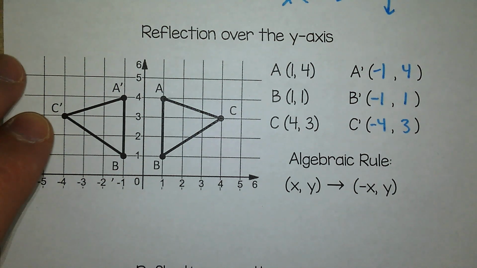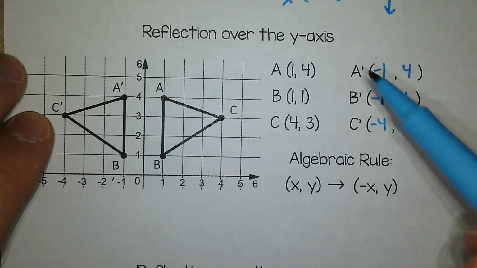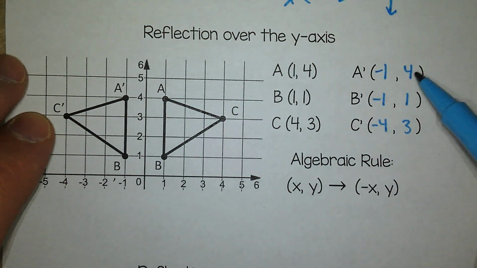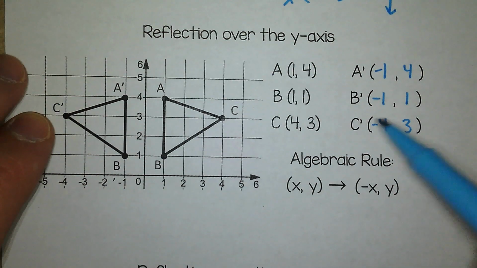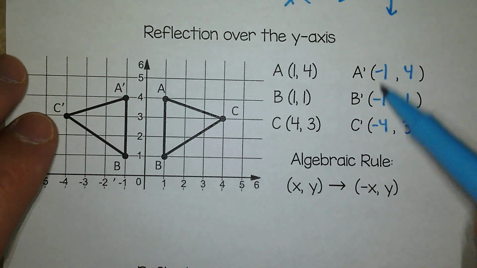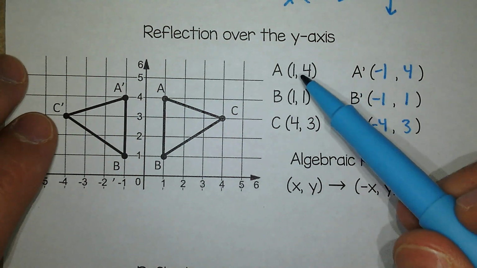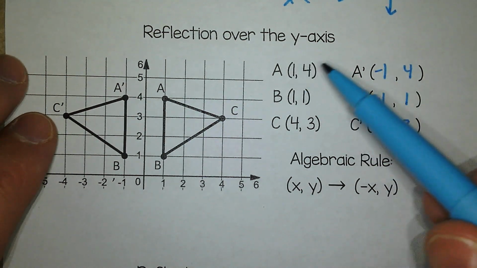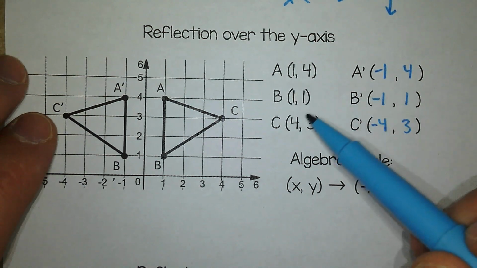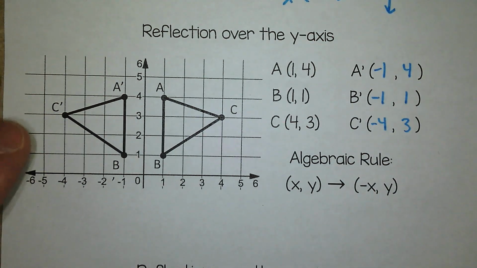If you notice the pattern, the y value in every point doesn't change. 4 is still 4, 1 is still 1, 3 is still 3. But with the x values, we switch their sign. So +1 became -1, +4 became -4.